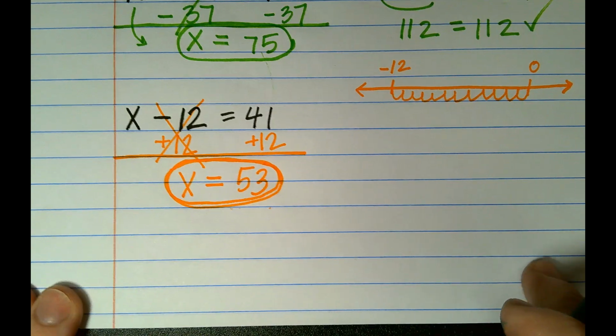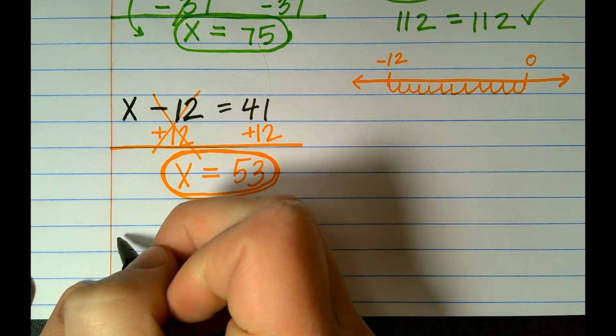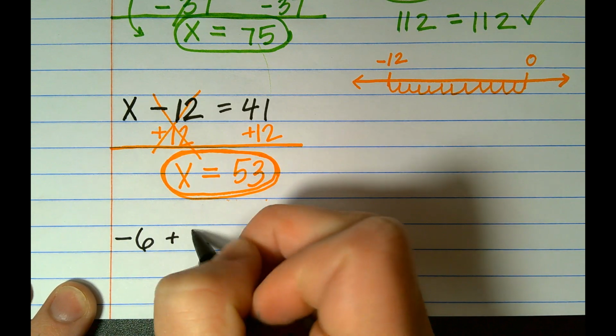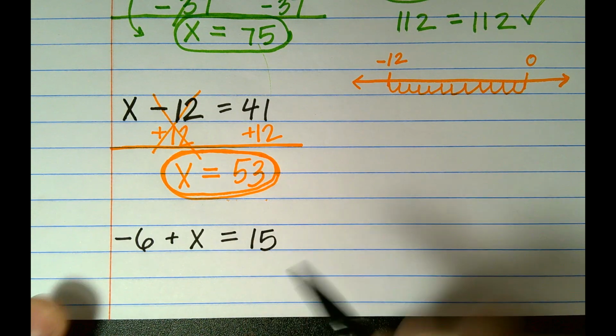Give you another one. How about negative 6 plus x equals 15?